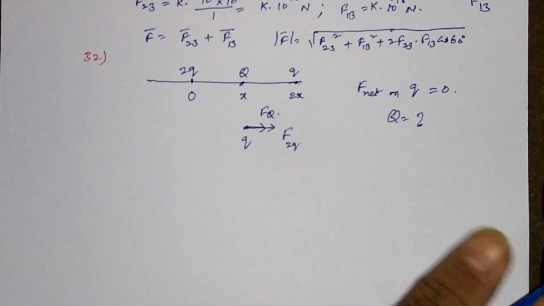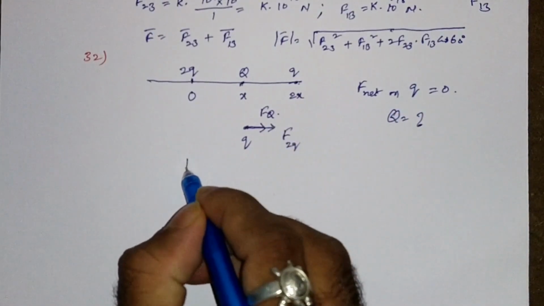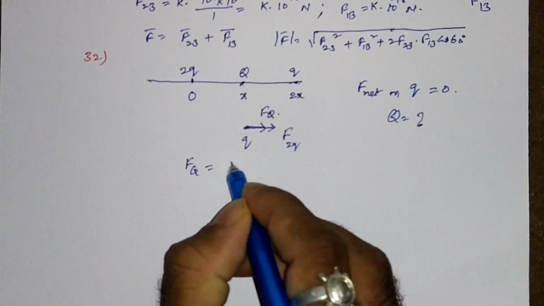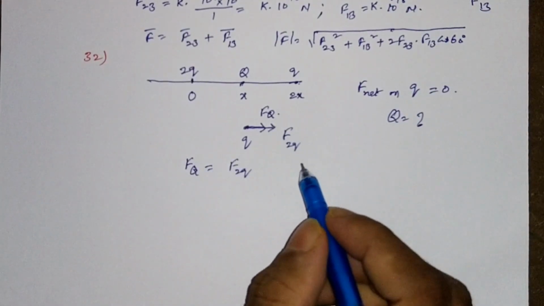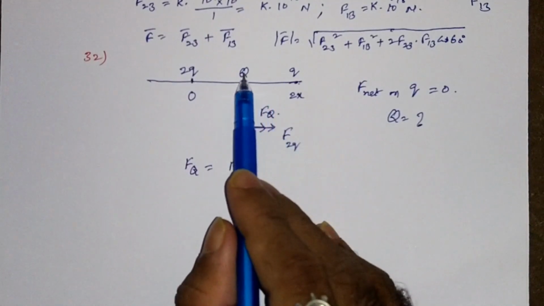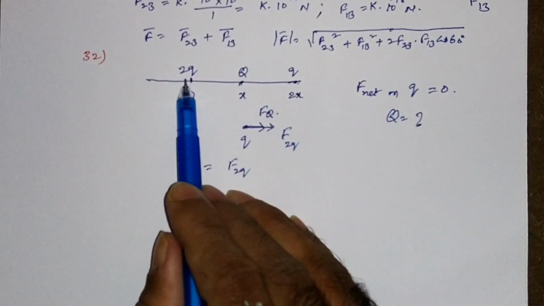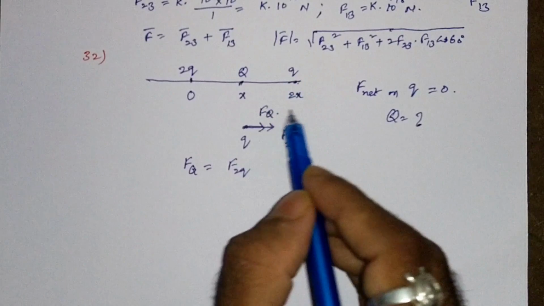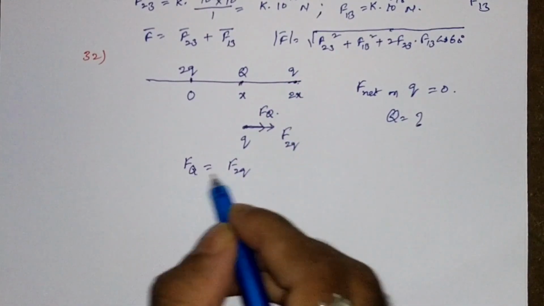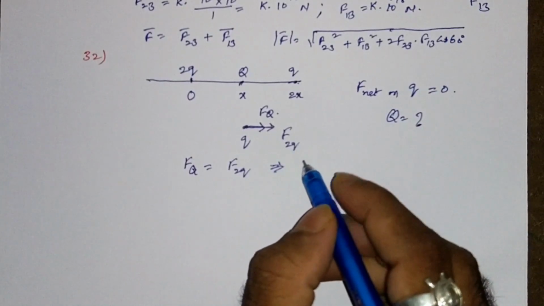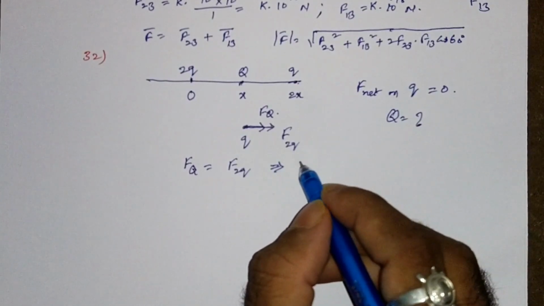So it is given that the net force is 0. That means FQ should be equal to F2q. Am I correct or not? If the force due to capital Q and the force due to 2q are equal, then only the net force is 0. Let us calculate F of capital Q. It is 1 by 4 pi epsilon naught q1 q2 by r square.